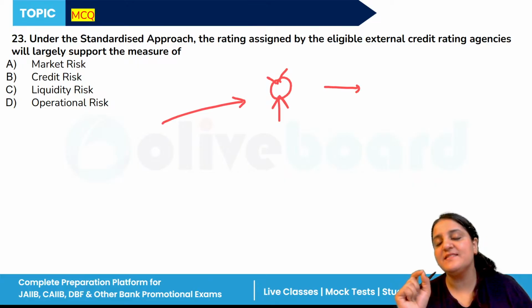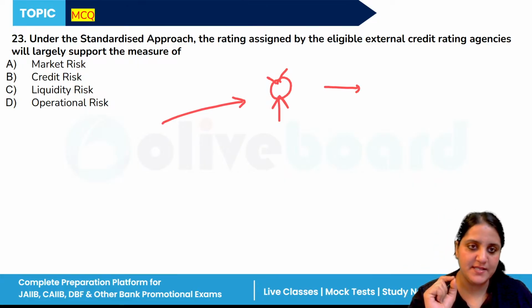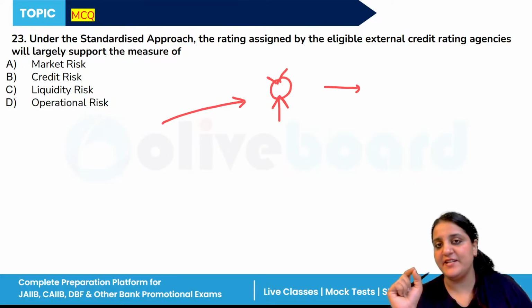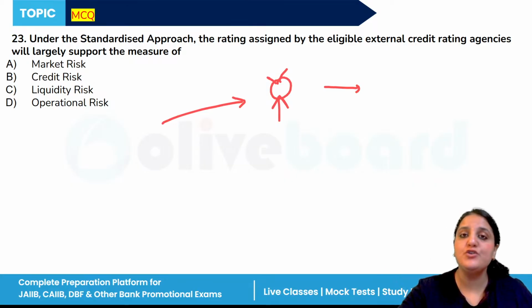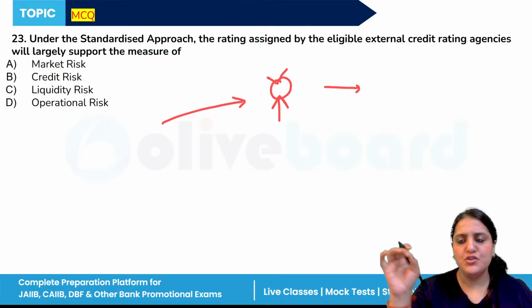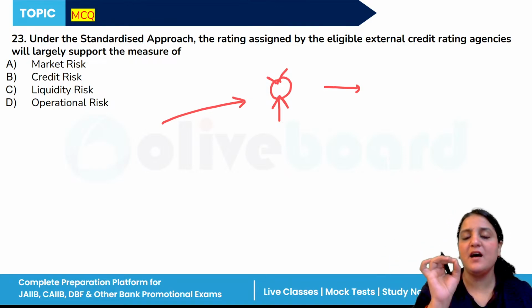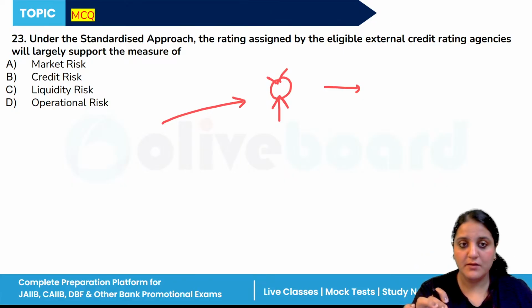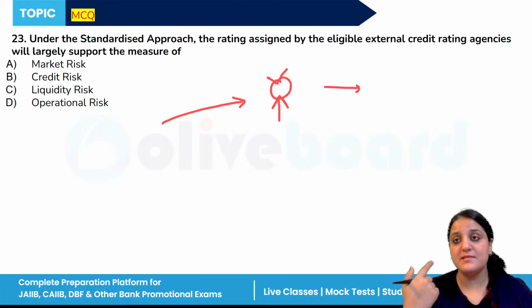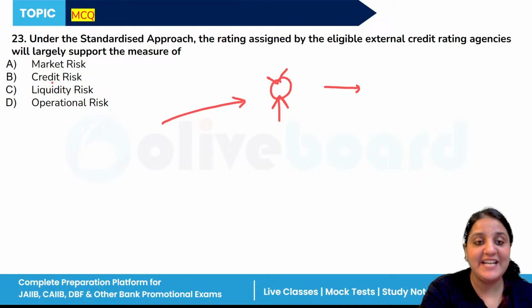Now, these things are done by the credit rating agencies, and these agencies assign a rating to the borrower according to the factors checked at the borrower level. So external credit rating agencies support the measure of credit risk only. So option B is correct.